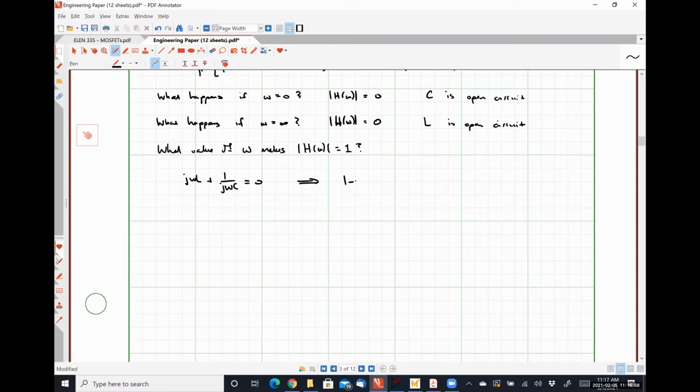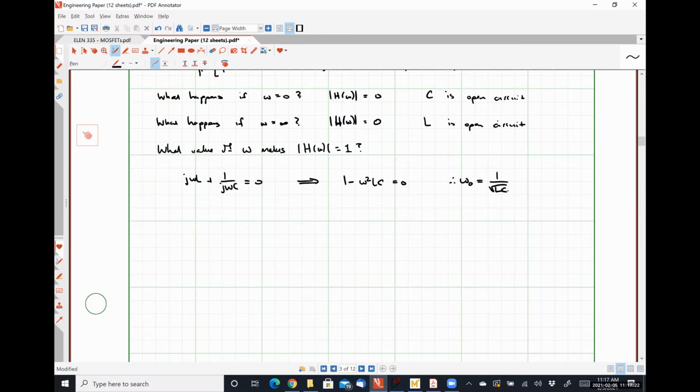Which, if we multiply both sides by j omega C, becomes 1 minus omega squared LC equals 0. And from this, we're going to give this guy a special name: omega naught is equal to 1 over the square root of LC.